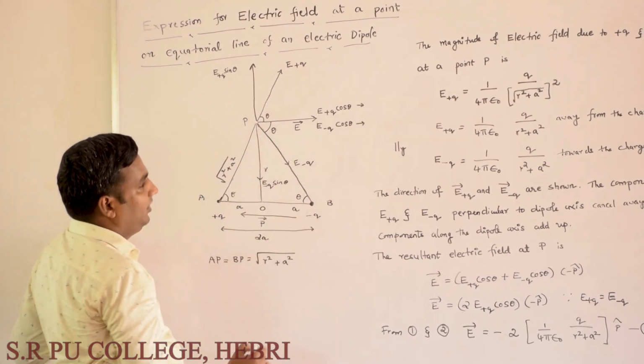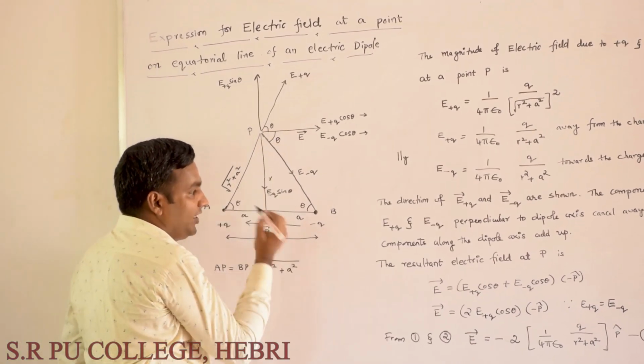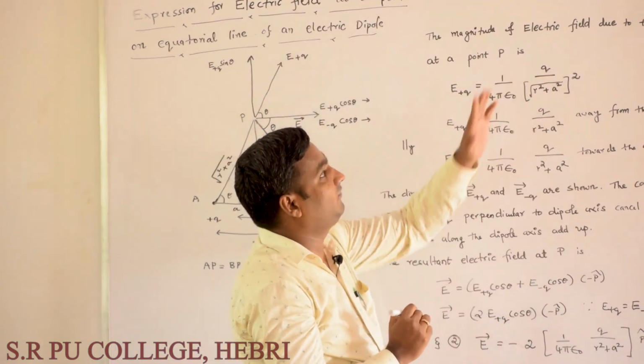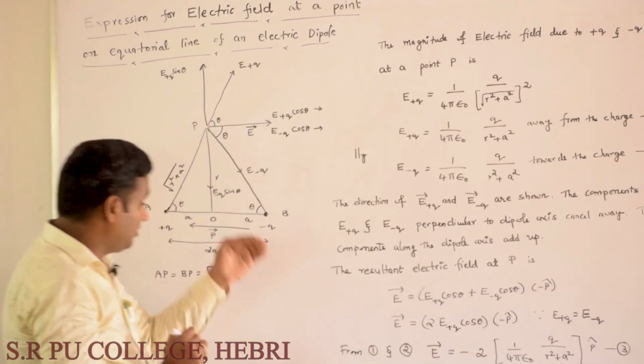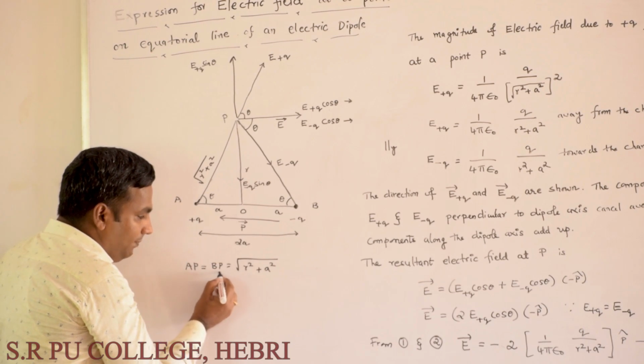Now, at point P, there are two electric fields acting, E plus Q and E minus Q. First, we think about the magnitude of the electric field due to plus Q and minus Q at point P. To get the expression, the first thing is to calculate AP and BP.